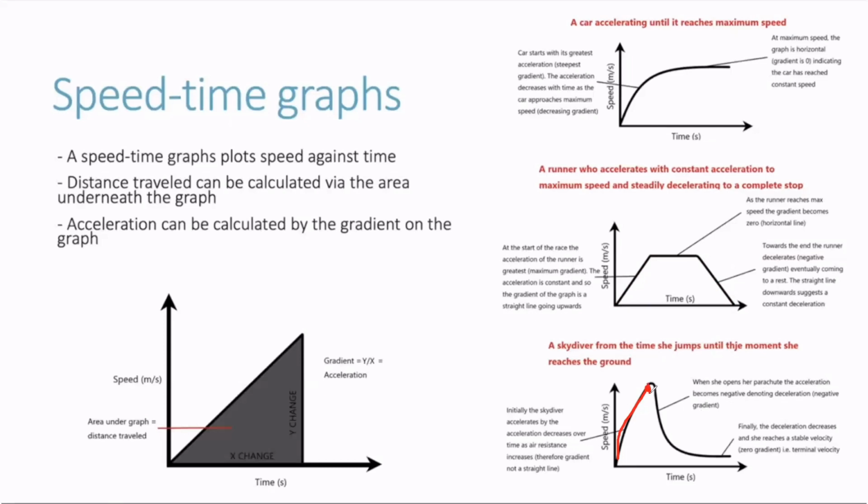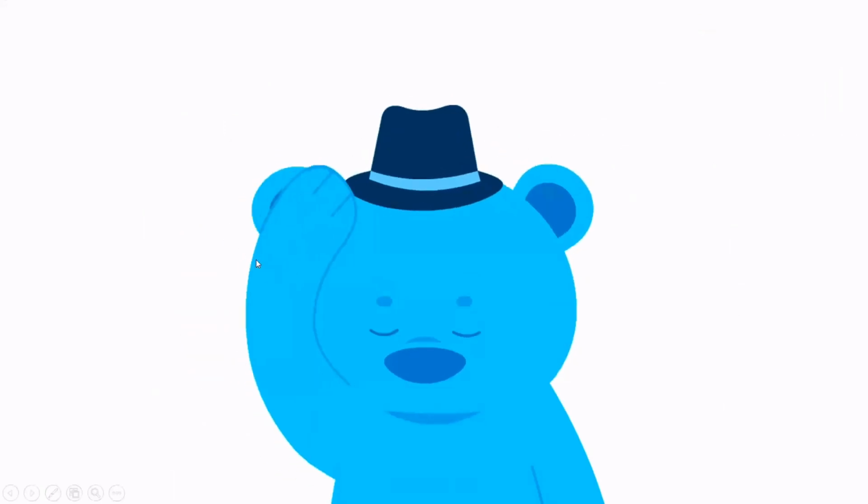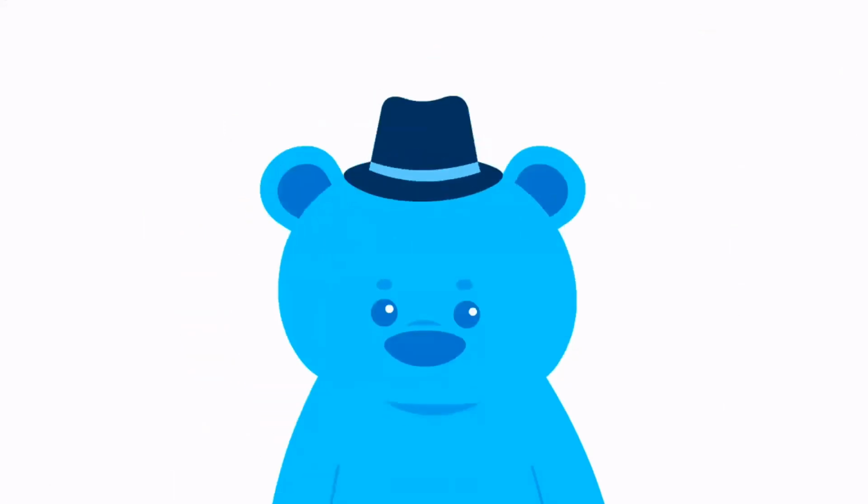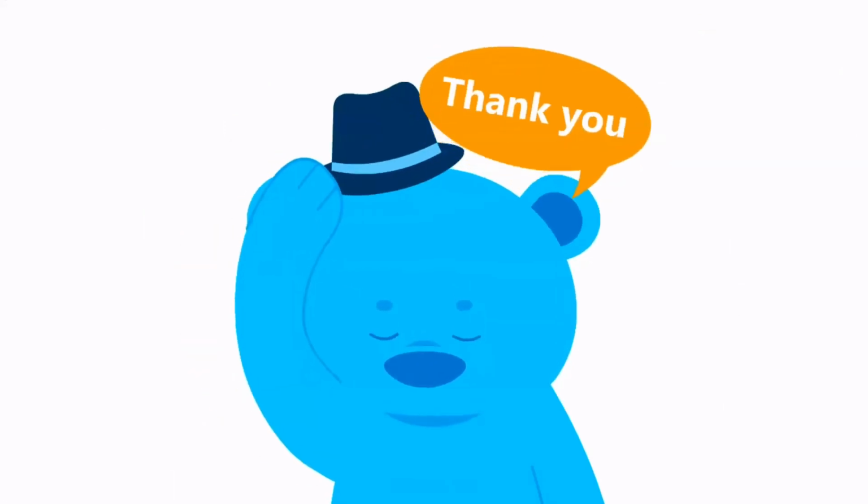Finally, the speed starts to drop down and she reaches a constant speed. As she opens the parachute, the gravity and air resistance quickly become equal. So this is everything about the speed time graphs.